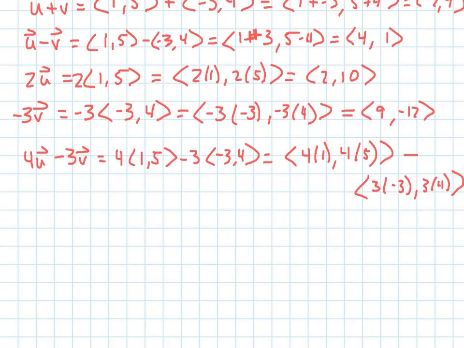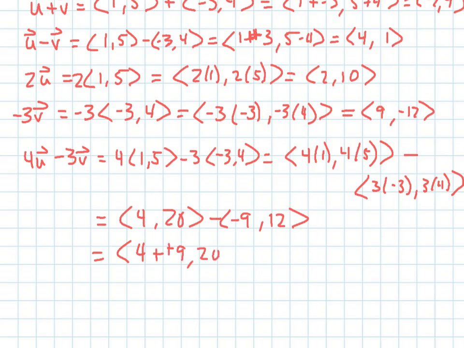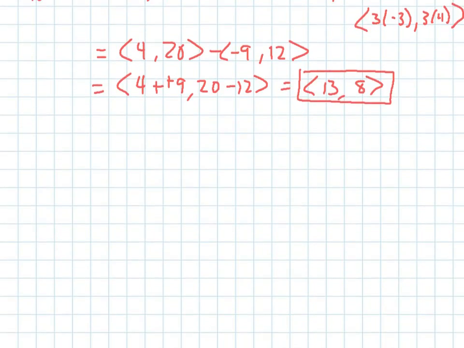Okay. So once I plug those in, that new vector is going to be 4 minus negative 9, 20 minus 12. And then now I got to subtract, so 4 minus a negative 9 makes it positive, 20 minus 12. So that gives me 13 and 8. Okay, so there's all our little operations that we're doing.